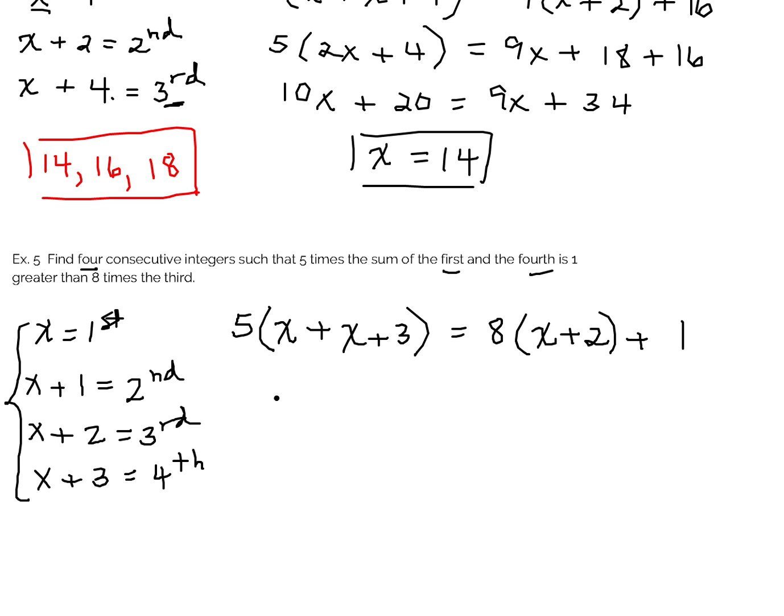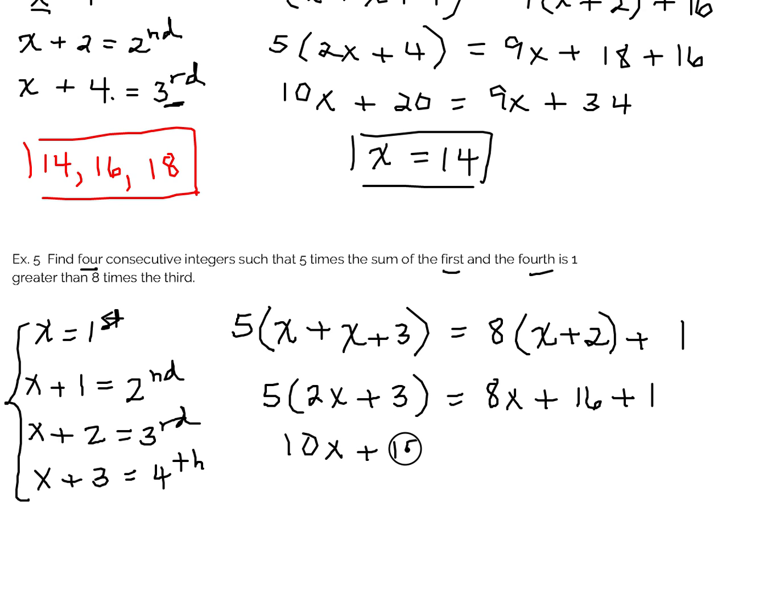Now we just work it through. 5 times the quantity 2x plus 3 equals 8 times the quantity x plus 2. Distribute: 8x plus 16 plus 1, and we get 10x plus 15 equals 8x plus 17.